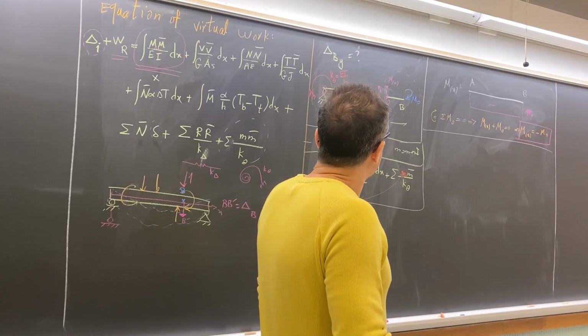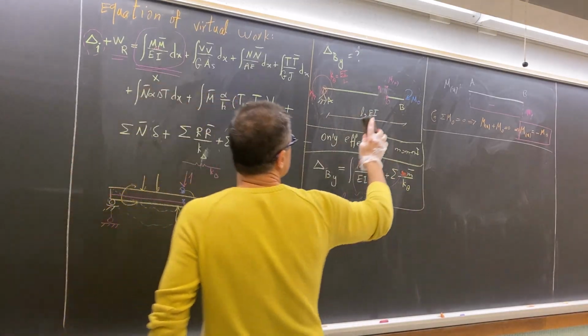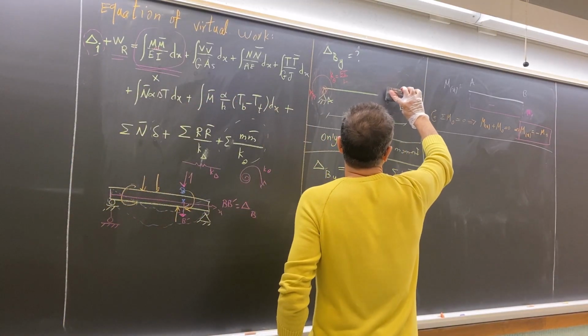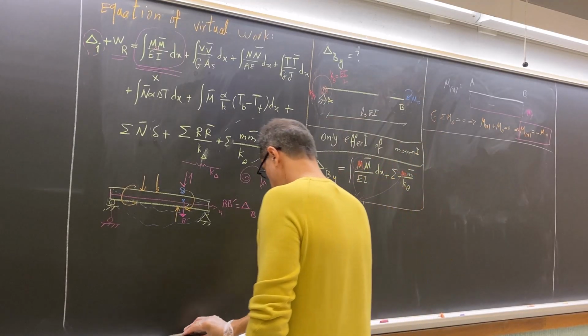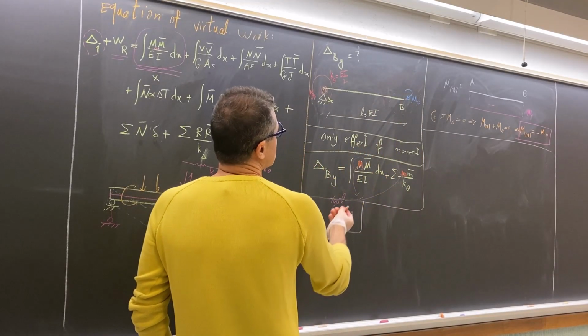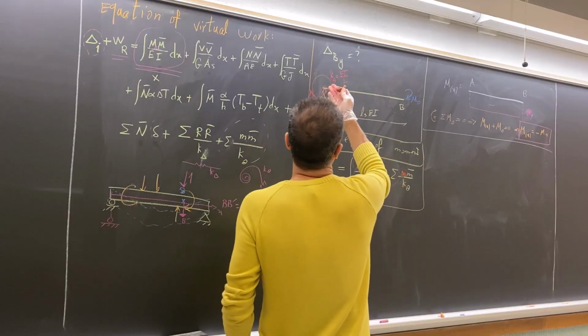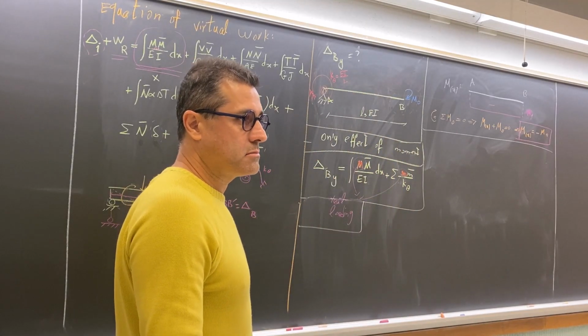So I just redraw this to the original shape. And from statics, you simply know that when this is M0, then the moment inside this torsional spring is M0. Do you agree?